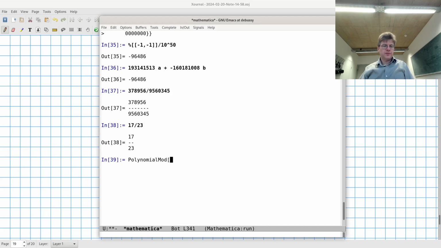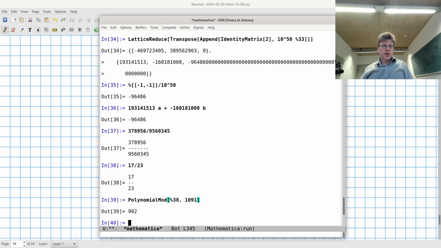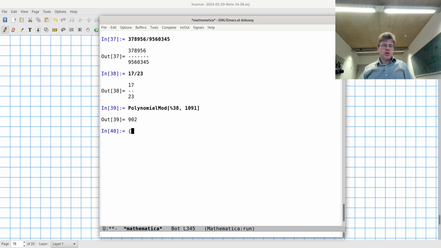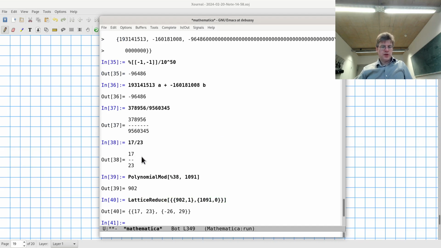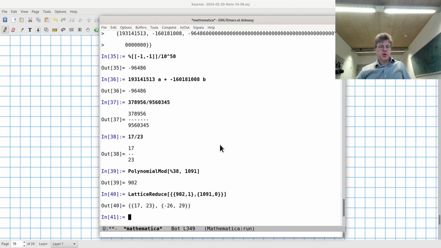Polynomial mod 38 and 1091. This is the A, 902 is the A, and 1091 is the M. And what I just said was I take 902 1 and 1091 almost 0, and I apply lattice reduce, and whoop, 17/23.